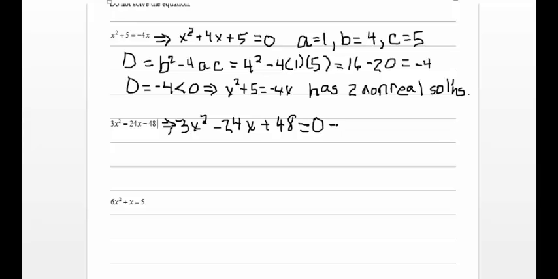So now that we have this in standard form, we can determine that A is 3, B is negative 24, C is 48.